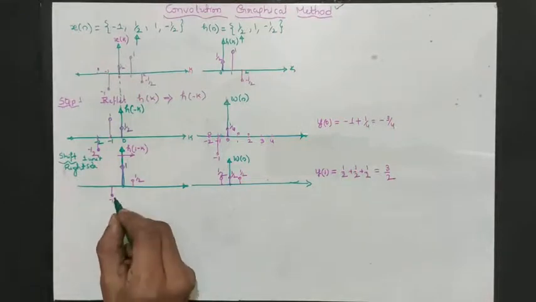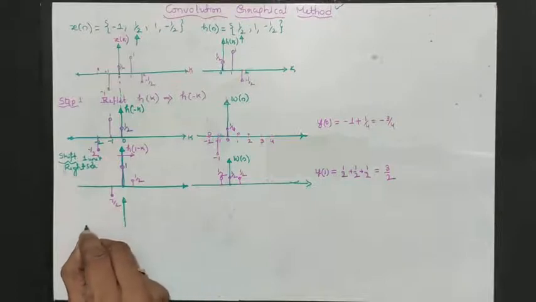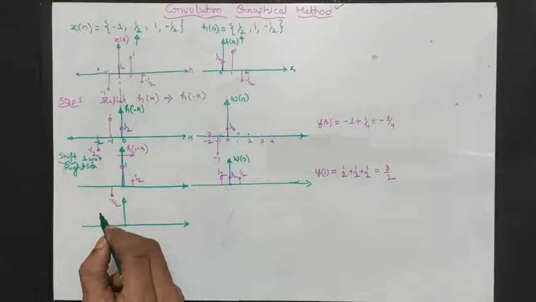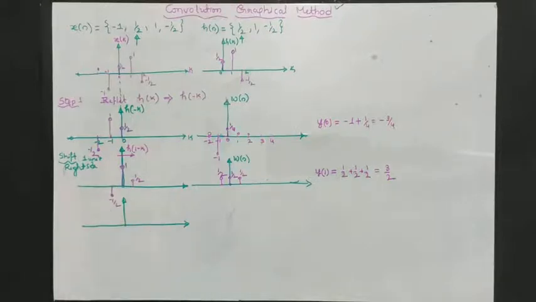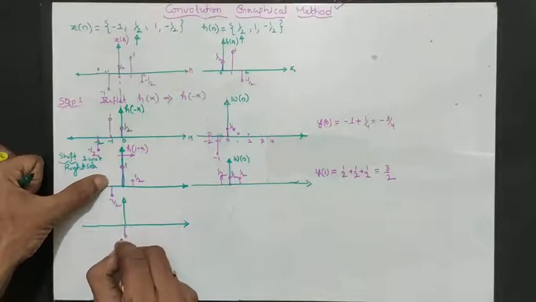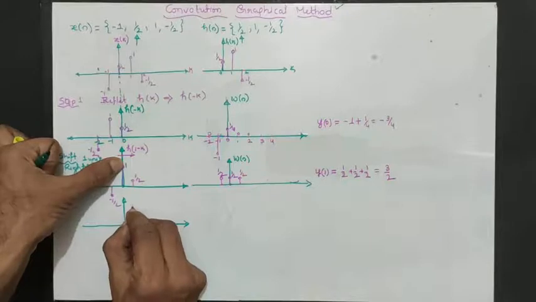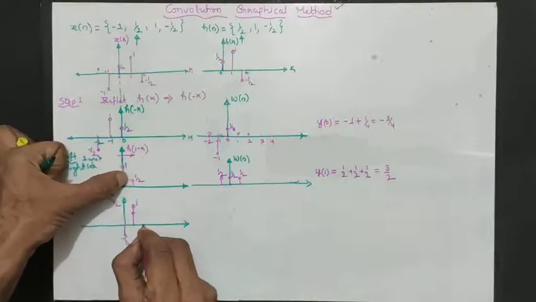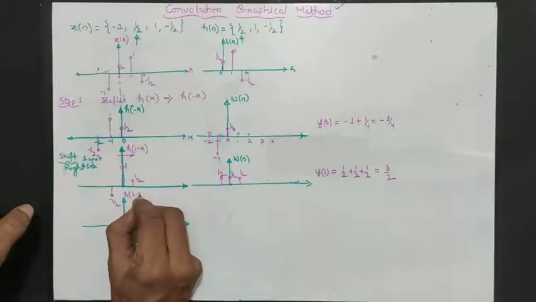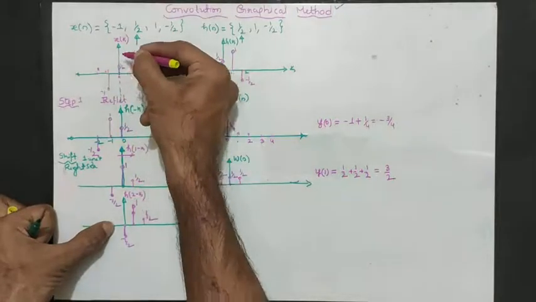Now what is the next step? Next step is again to shift the above signal by 1 unit. That means -1 goes to the next position, -half goes to the next position, 1 goes to the next, and half goes to the next position. This became h of 2 minus k. Now multiply h of 2 minus k and x of k.